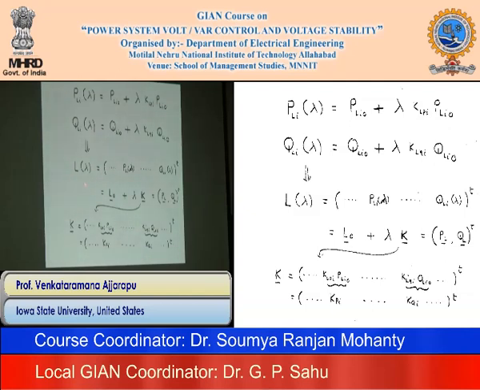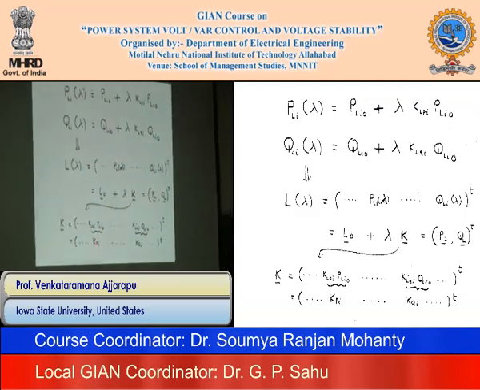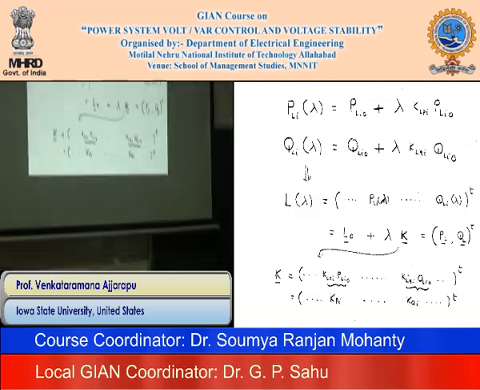So if I talk about L lambda, that is the entire load that includes both P and Q. So you have L0 and lambda times K, and the K basically includes KLI, PLI 0 and so on, right?